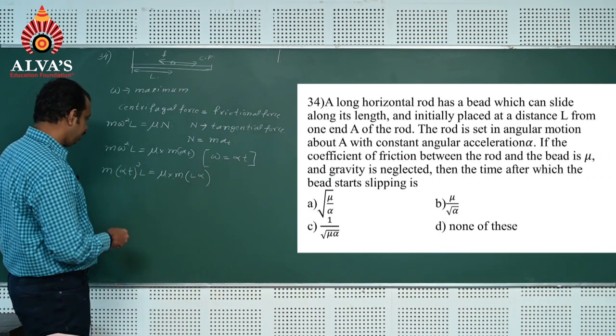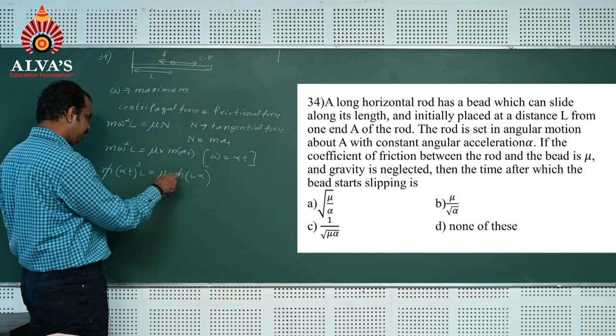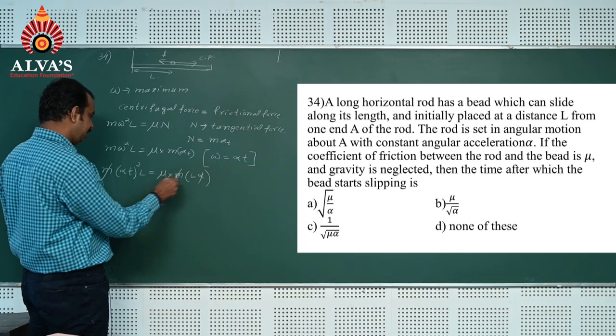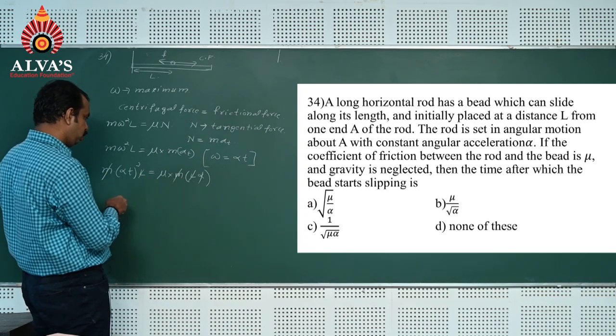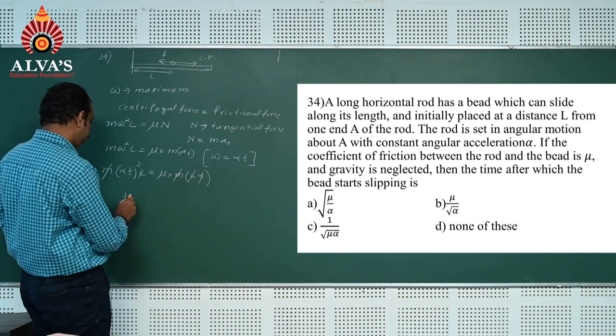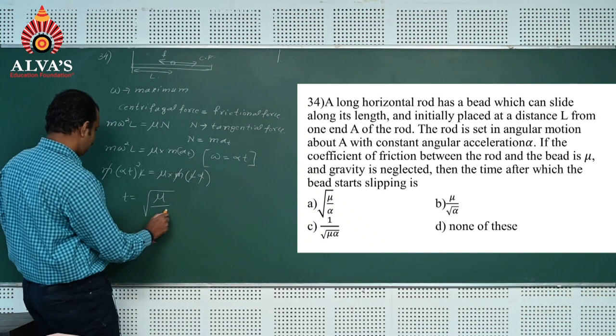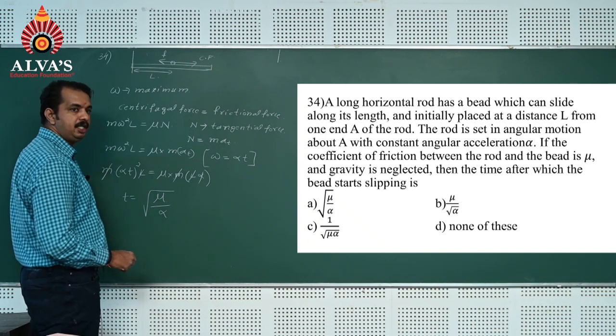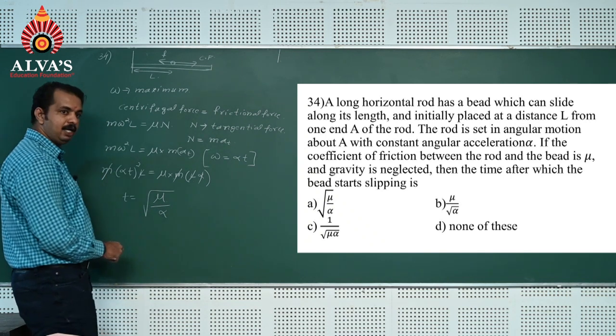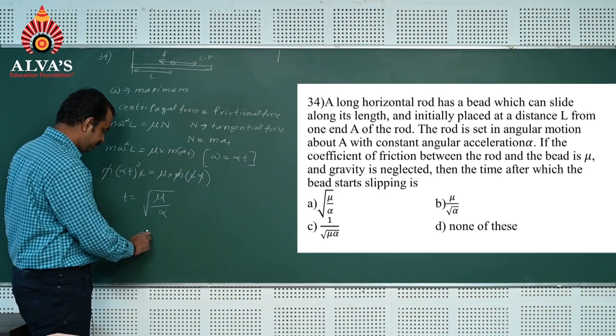You just cancel similar terms. M gets cancelled here, L gets cancelled here. So t is equal to the square root of mu by alpha. Option A is the correct answer.